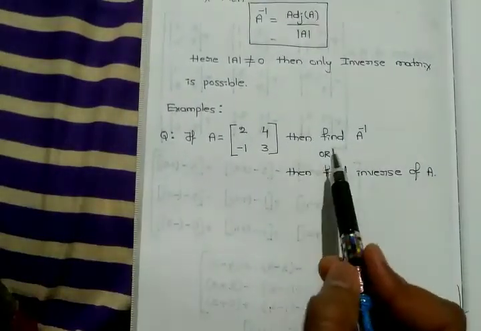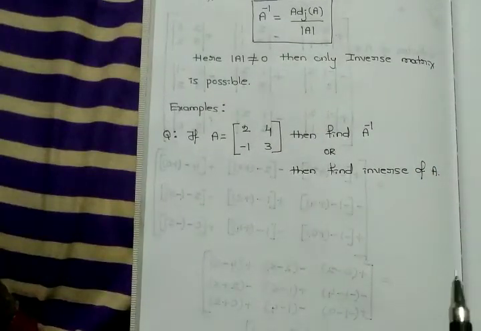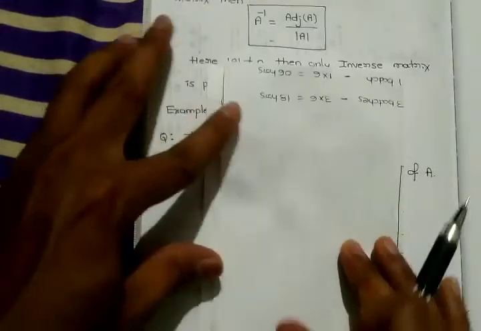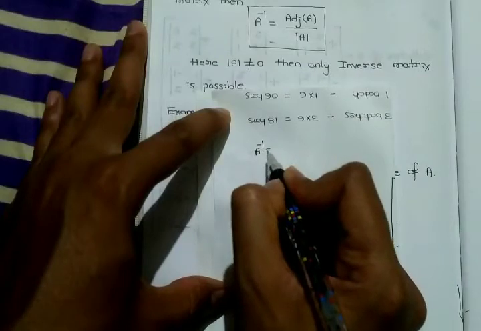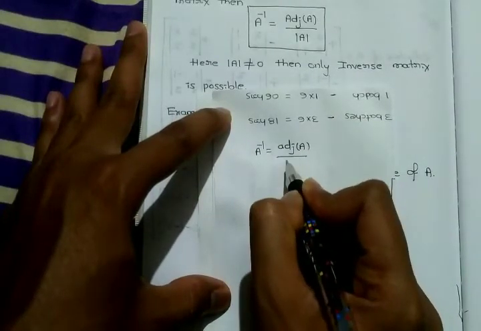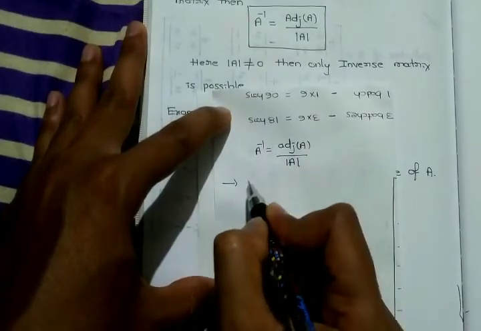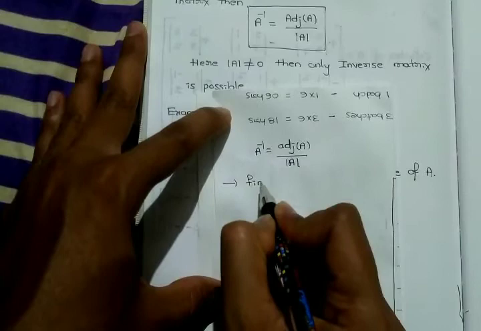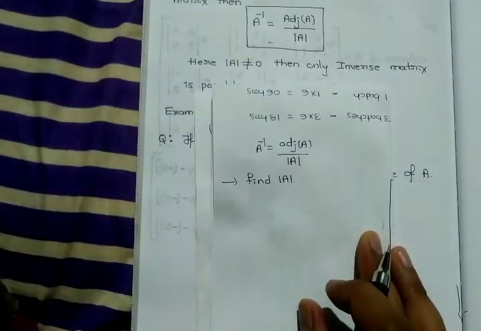To solve an inverse matrix example, you need to follow these steps. You know this is the formula: A inverse is equal to adjoint of A divided by determinant of A. So the first step, you need to find the determinant of A value.